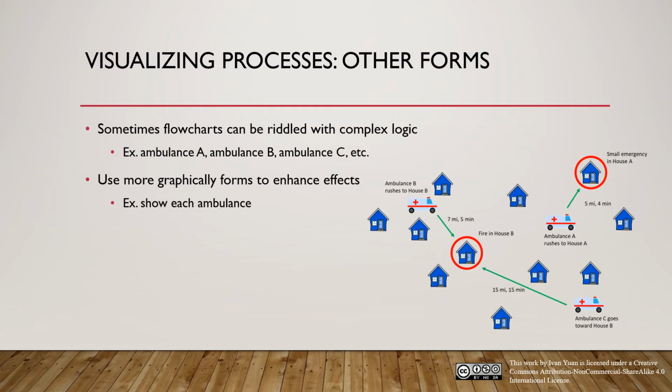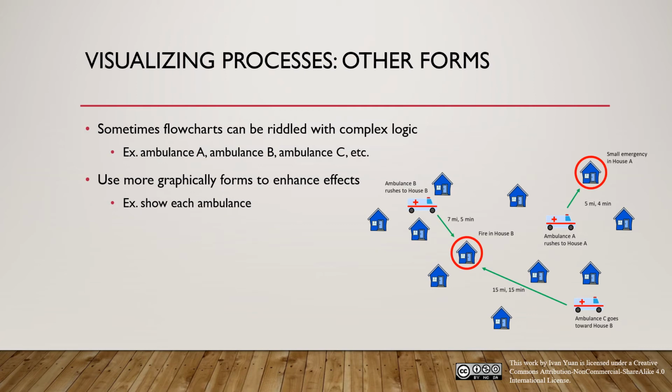Finally, there are also other forms of visualizing processes. Sometimes your flowcharts can be riddled with complex logic. For example, if you're building a model about ambulances and houses, you might discover that your flowchart will require you to label things like ambulance A, ambulance B, ambulance C, which really confuses the audience.